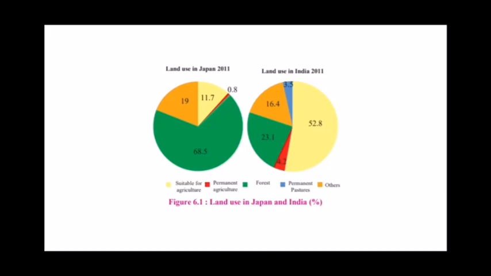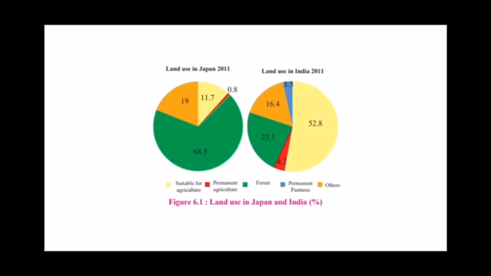Red color in both countries shows land under permanent agriculture. The green color shows forest areas in both countries. Blue color shows permanent pastures, that is, grassland for animals or cattle. And the dark yellow shows others, that is, other land use.